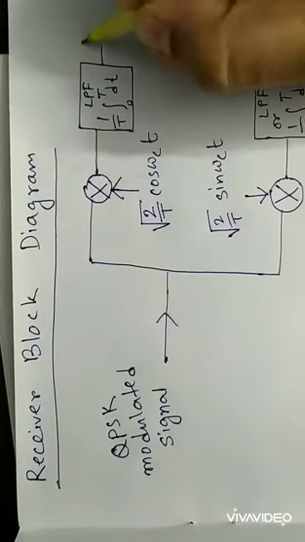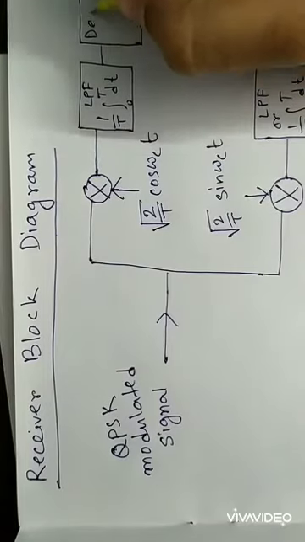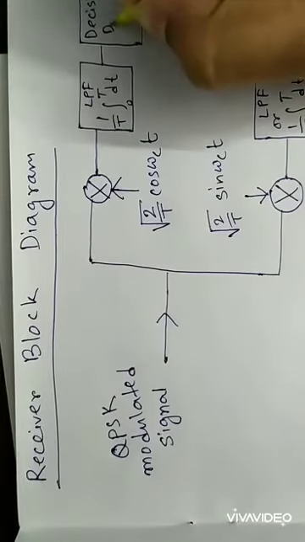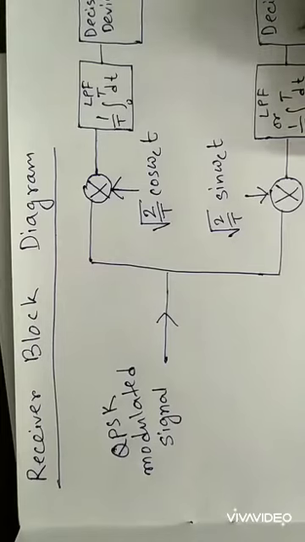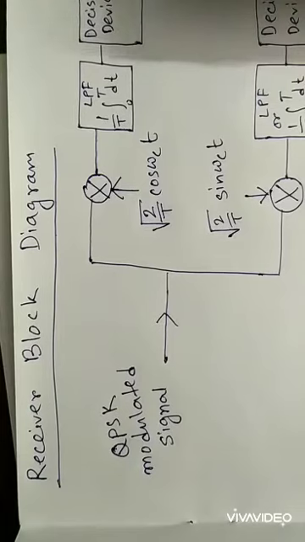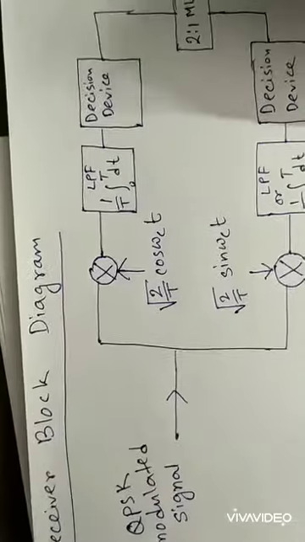Now you have a decision device here, and again here you have a decision device. Then you send both the signals to a 2:1 multiplexer, and you get the actual message signal here.